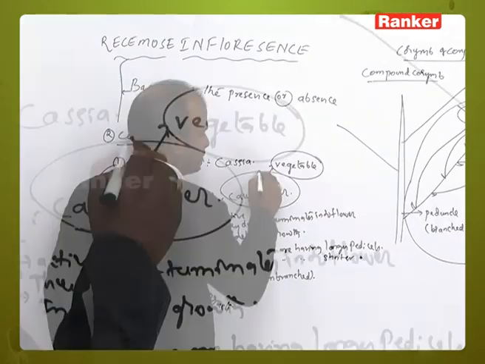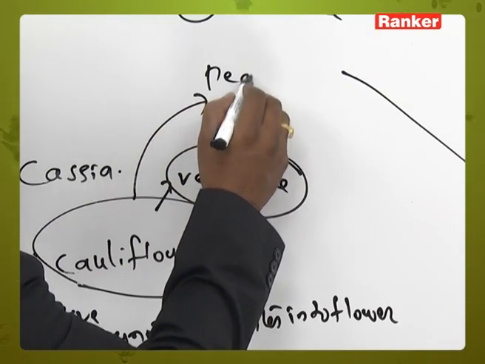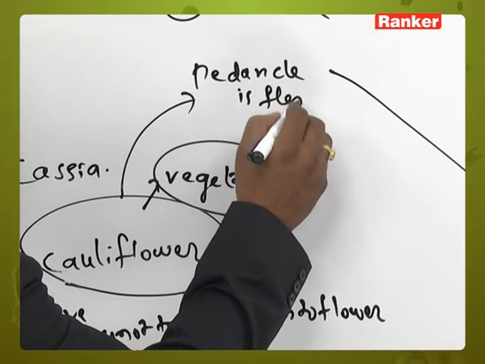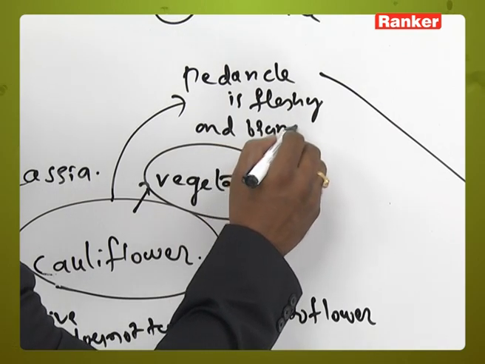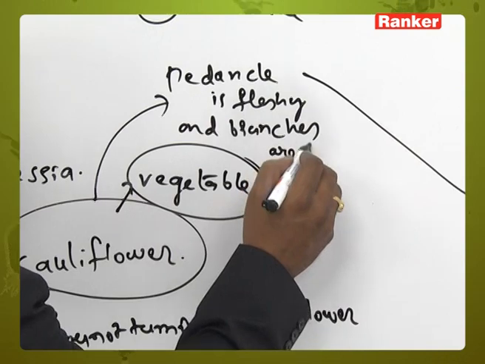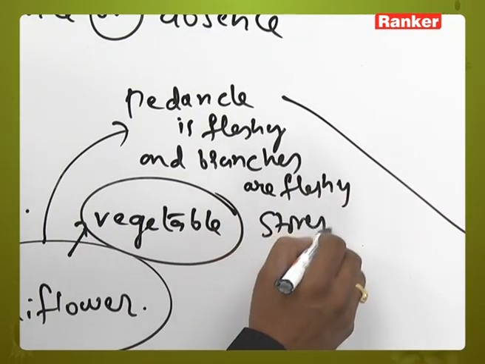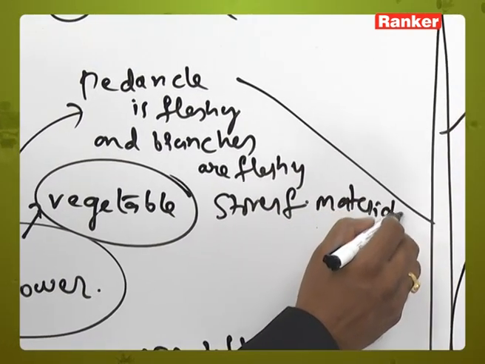In this cauliflower, the peduncle is fleshy, and the branches are also fleshy. Peduncle and branches are fleshy and store food materials.